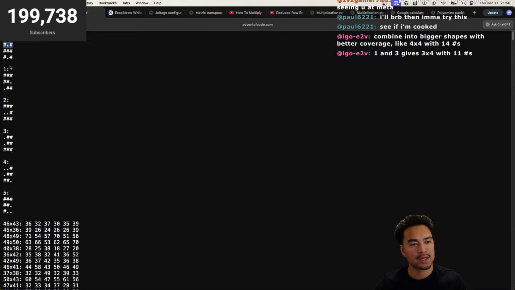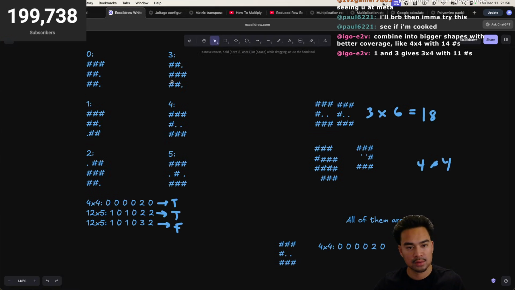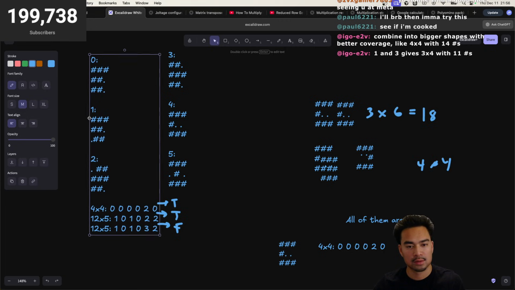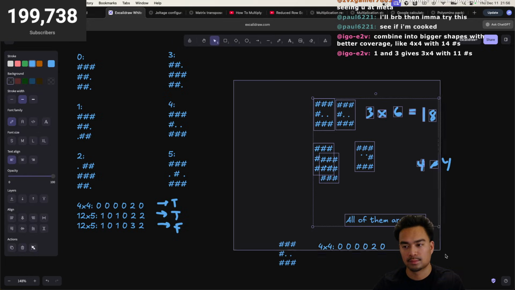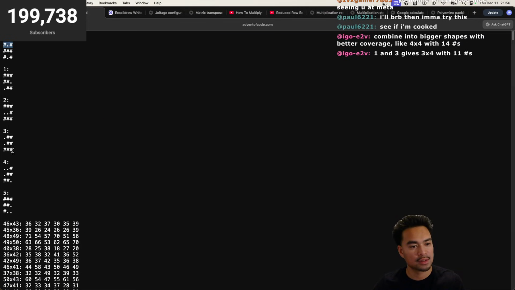Are you talking about the actual shape? 1 and 3? Like 1 and 3 here? Okay, I see what you're saying. So you're saying from this set?